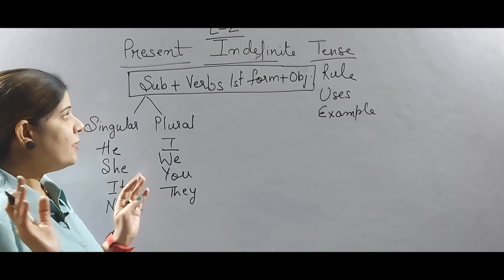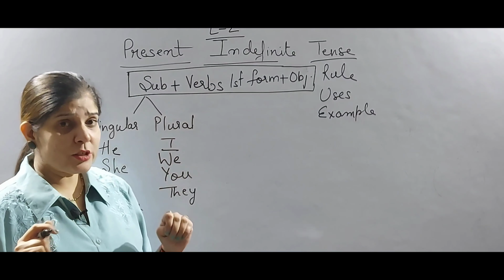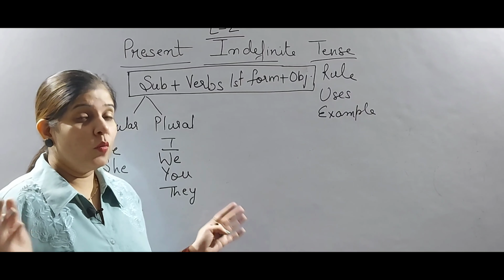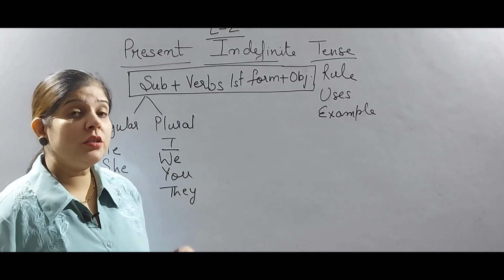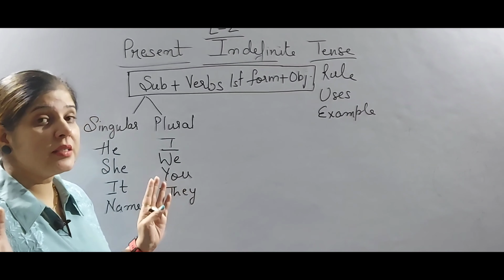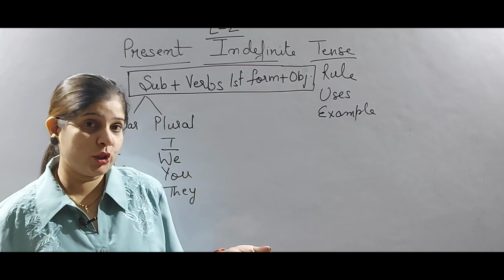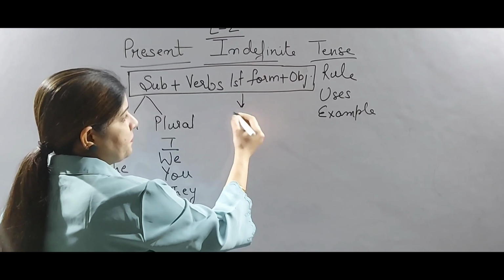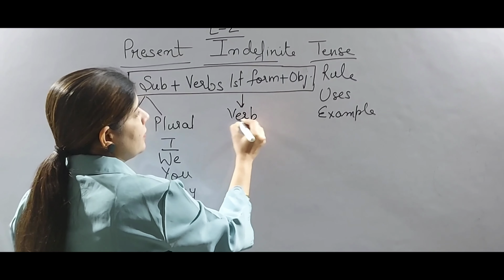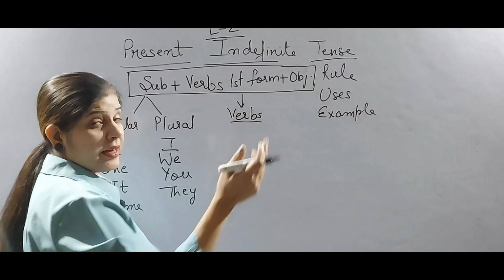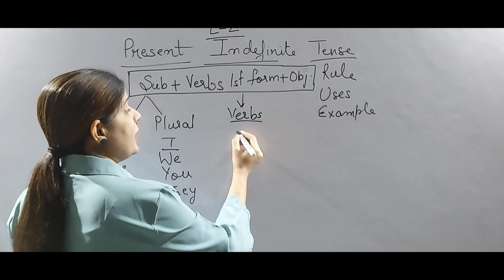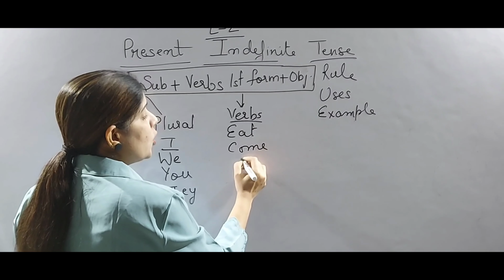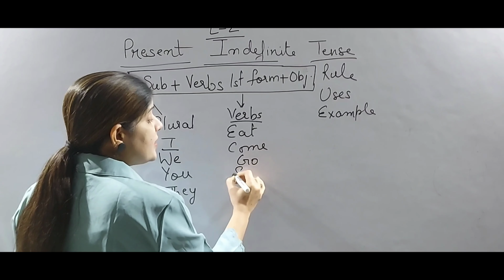Right, students? Now, we will talk about verbs. What are verbs? Verbs are action words, words that show any action. Verbs are any action words like eat, come, go, sleep.